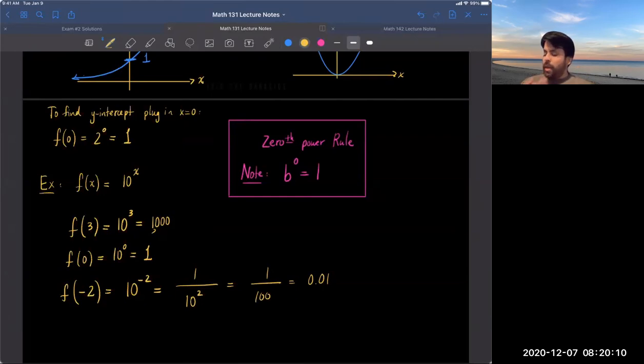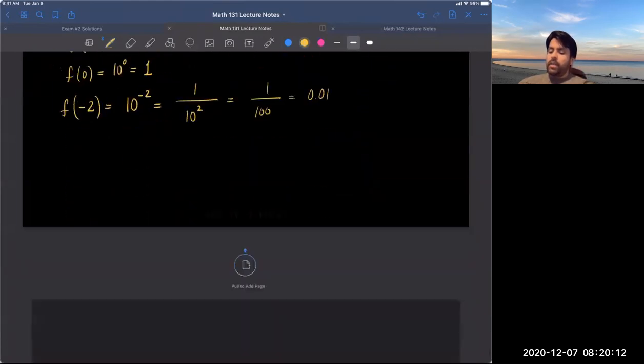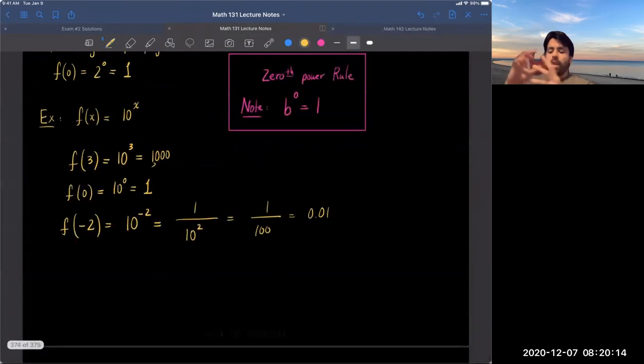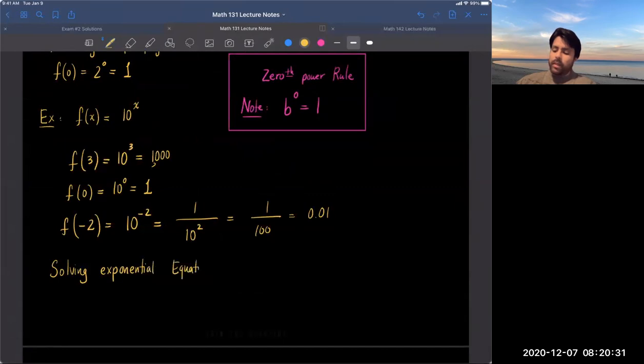So I'm not gonna go over that stuff so much in terms of how we evaluate exponential functions, but I do want to talk about solving exponential equations. So I don't know if you've seen this.